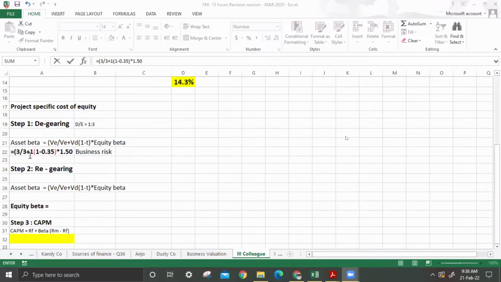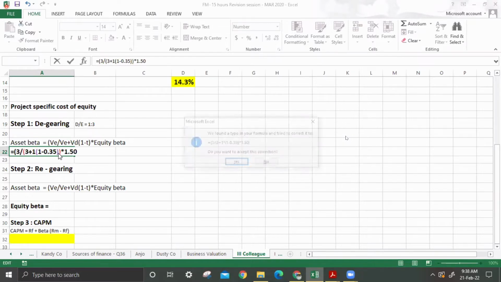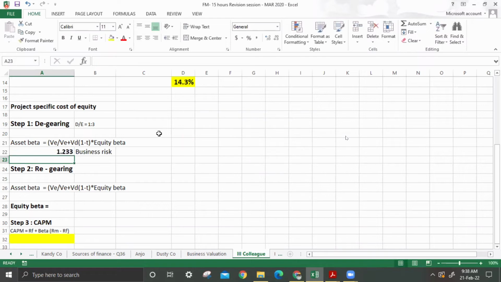So it's 3 divided by 3 plus equity plus debt. Don't forget. It's 1.23. Yes, you can take up to 2 decimal places or 3, Neha.